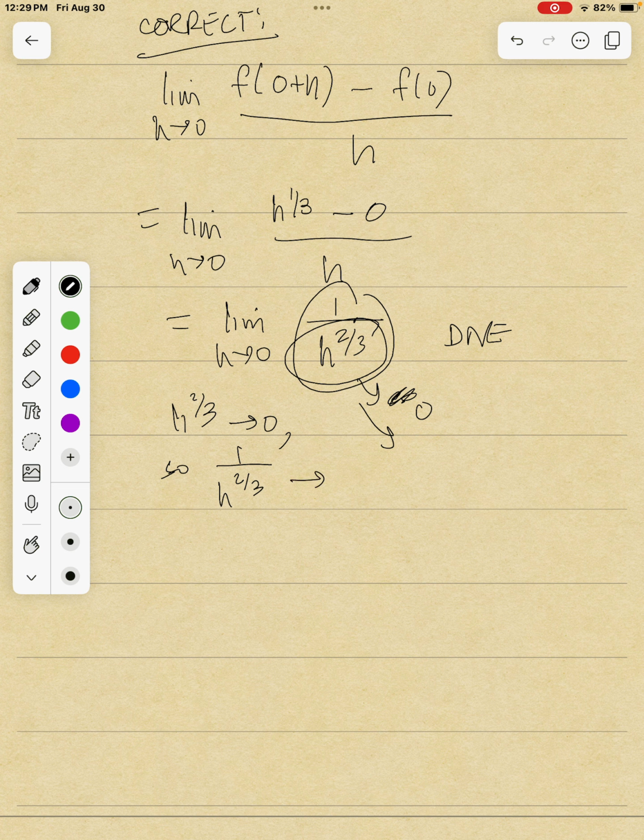Notice that h to the 2/3 is always going to be positive, because you take the root and then you square it, so you get something squared, which is positive. So 1 over h to the 2/3 is going off to infinity, so the limit doesn't exist.